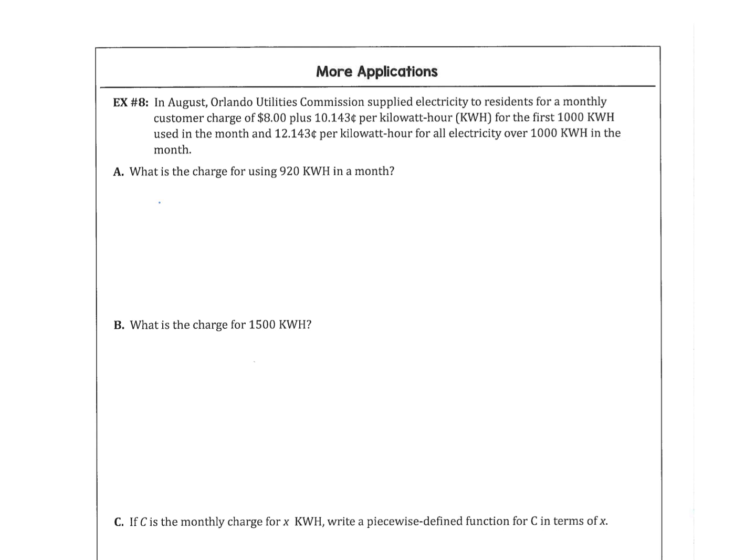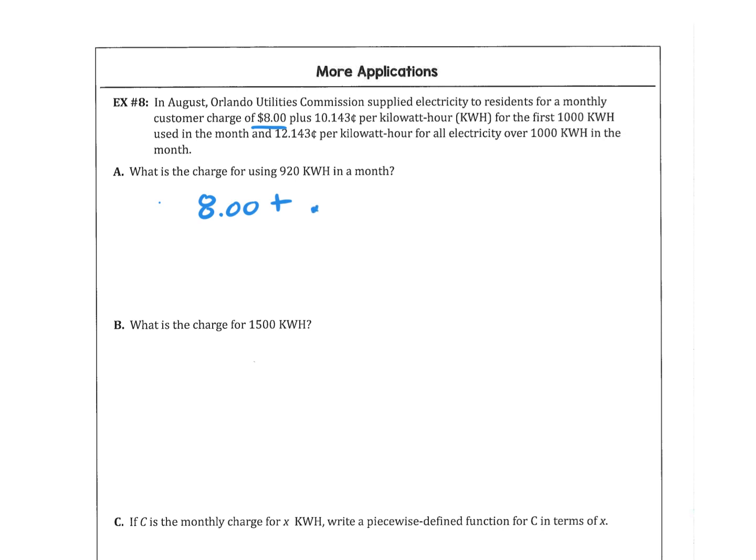All right, so we need to know what is the cost. What is the charge for using 920 kilowatts in a month? So what is the base charge for the customer? $8. Plus, how many kilowatt hours are we using? What's the charge per kilowatt hour here? 10 cents, right? 10 point whatever. How do we write 10 cents in dollars? 0.10, right?